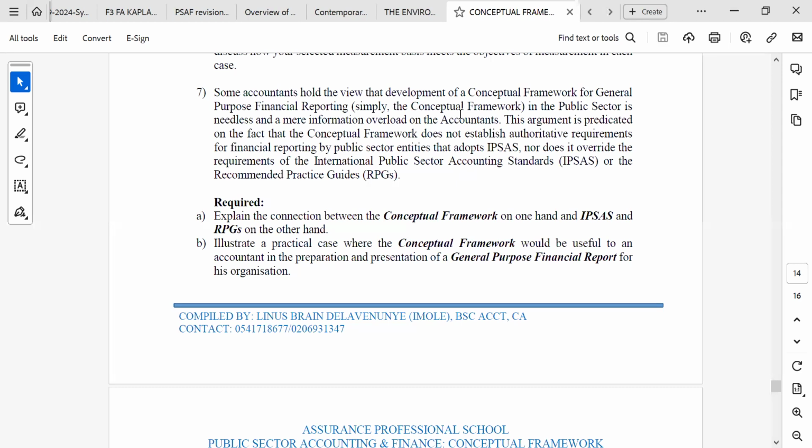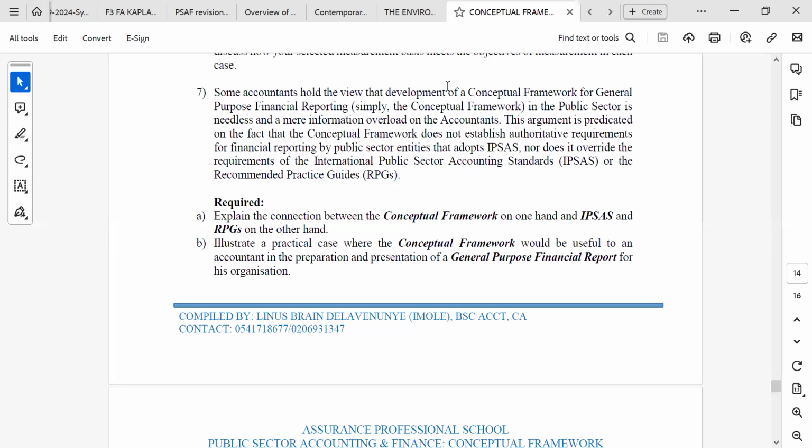Let's come to illustrate the practical case where the conceptual framework will be useful to an accountant in the preparation and presentation of a general purpose financial report for his organization. Please, if they say you should use a practical case, it doesn't necessarily mean that you should use figures. You should just talk about a situation where you will need the application of the conceptual framework.